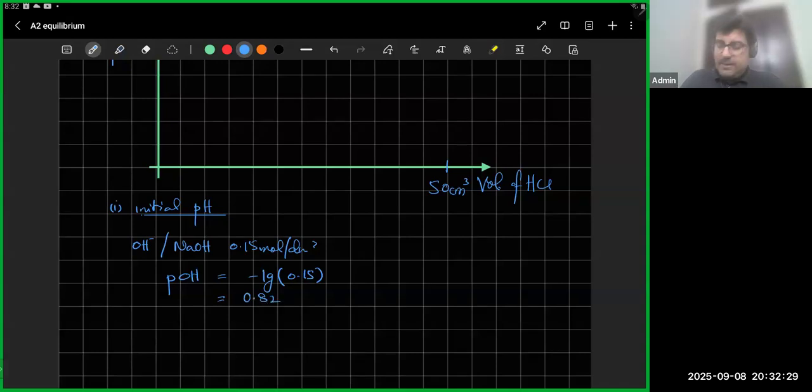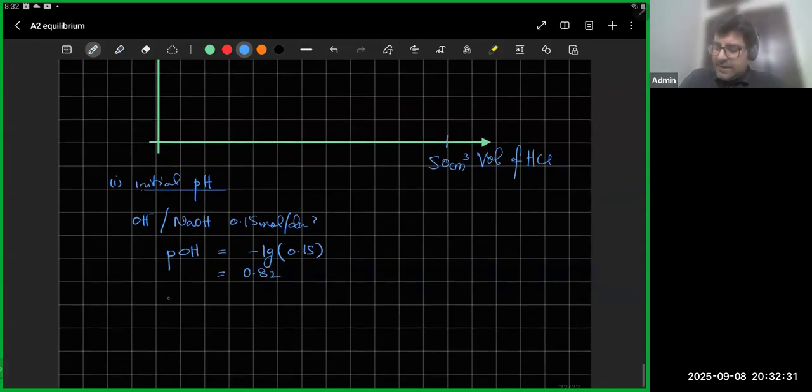So that was the first thing we learned about calculating strong acids and strong bases. And since no one is interested in pOH, we had earlier learned that pH plus pOH is equal to 14, right?